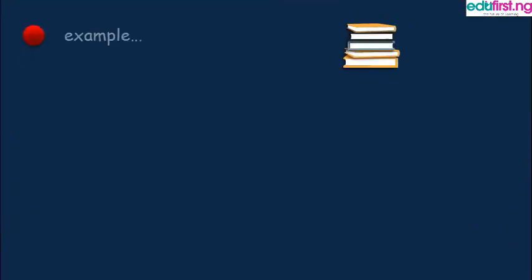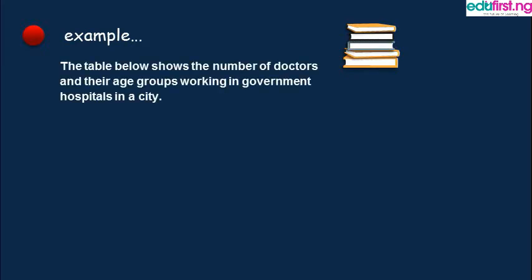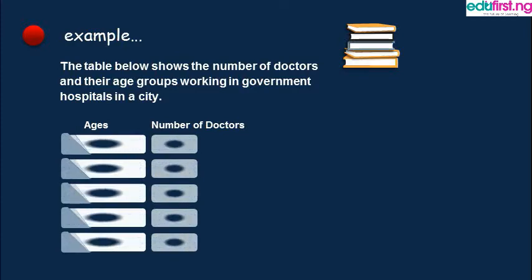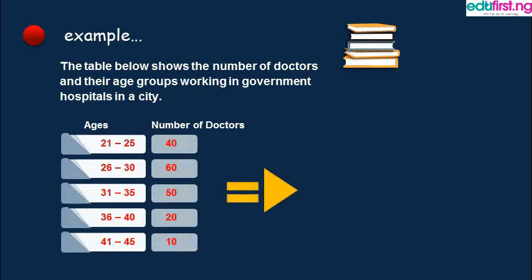So let's take a quick look at an example to help us get the points very clearly. The table below shows the number of doctors and their age groups working in government hospitals in a city. So this information has been provided for us. You have the column of ages of doctors and we have the column of number of doctors.